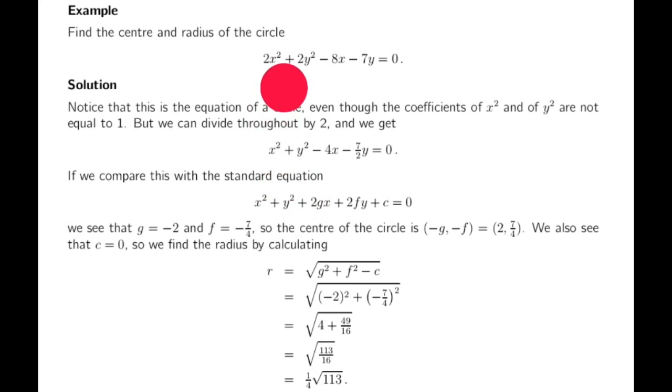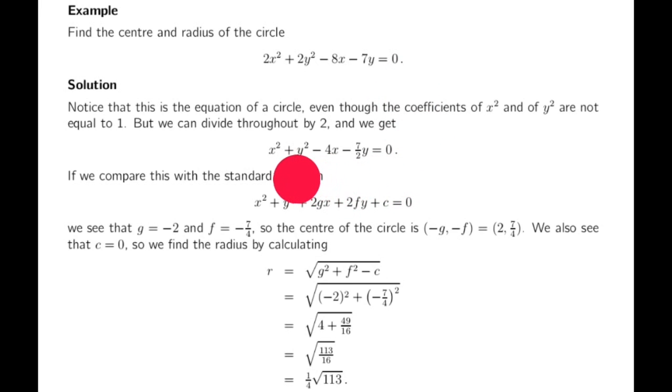So, dividing this equation by 2 on both sides, we get x square, 2x square by 2 equal to x square, 2y square by 2 y square, minus 8x by 2 minus 4x, minus 7y by 2 equal to 0 by 2 means 0.